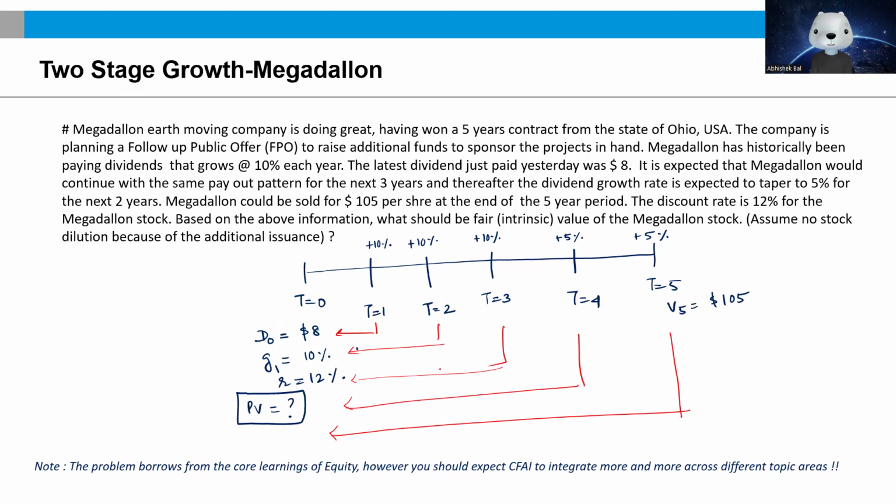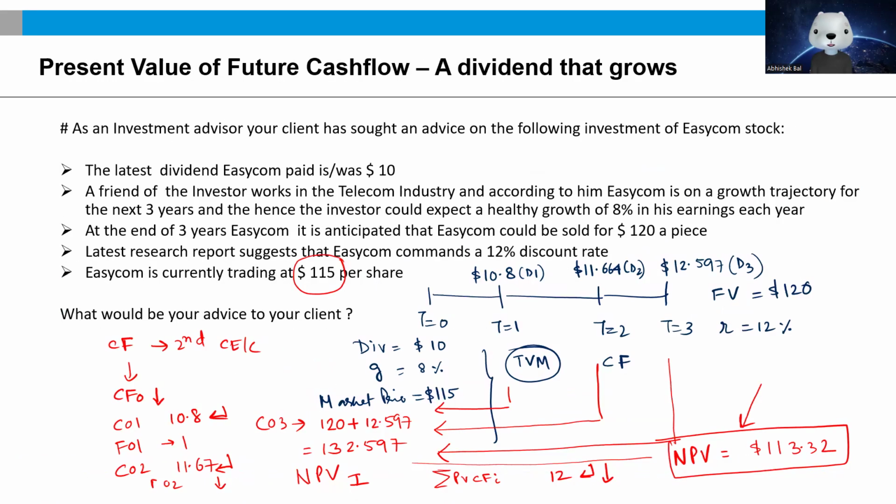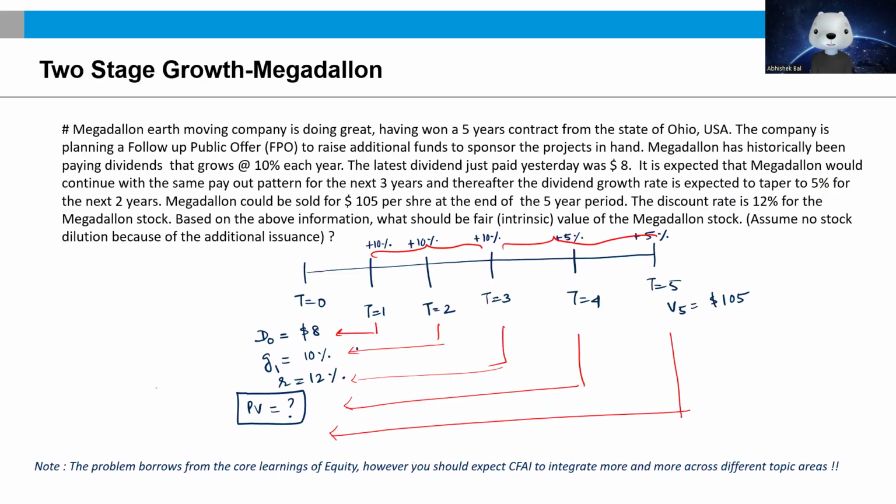Each of these cash flows will have to be suitably discounted. But before we discount these cash flows, of course, we will have to project the cash flow that can happen in terms of dividend each year, with a 10% growth for the first 3 years, and then with a 5% growth for the next couple of years. That's the twist. As in the previous problem, we already saw the 3 years' 10% growth rate on the 8.